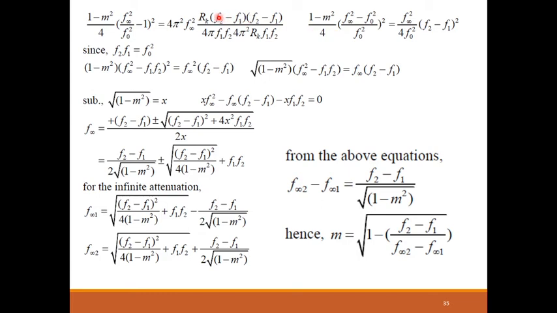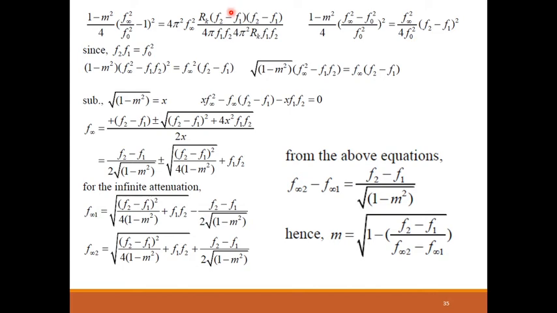So if you multiply this expression, you will get f1 and f2, then f1 and f2, so here also the f1 and f2 may get cancelled. So the (f2 minus f1) whole square we finally obtain.